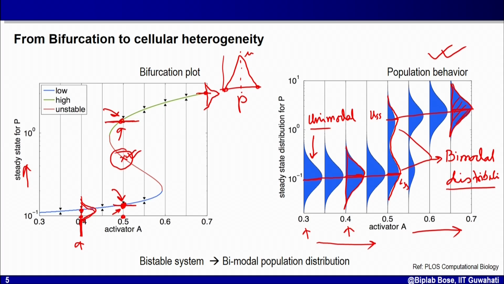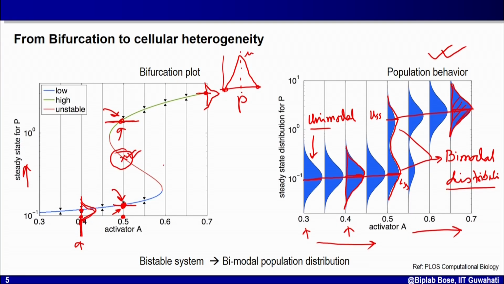If I have a system in which, depending upon an external signal, I have bistability, because if you look at the bifurcation plot here, I have one stable steady state here, another stable steady state here. So this system is called bistable. So it has two steady states which are stable.